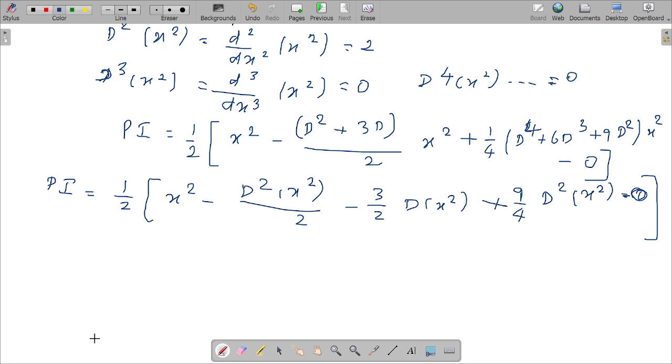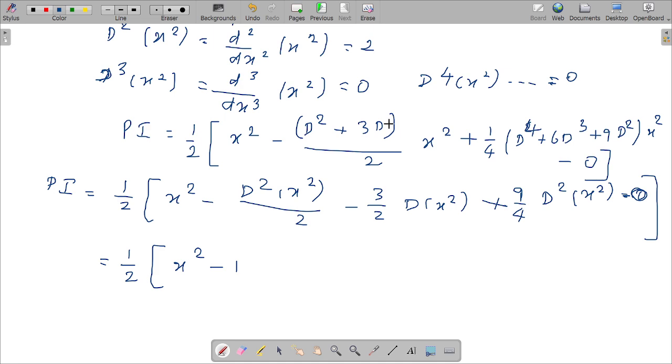Leave it. Now 1 by 2 x square, keep it. What is d square x square? D square x square is 2 here. So d square x square is 2, minus 2 by 2, minus 1. And then minus 3 by 2 is there.